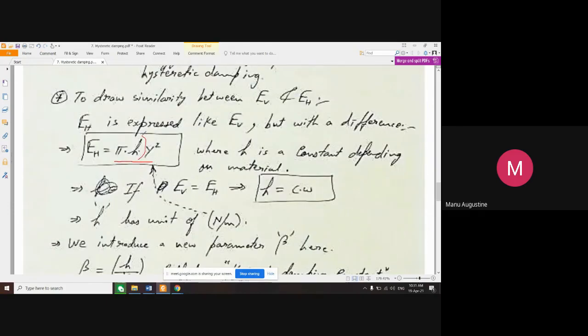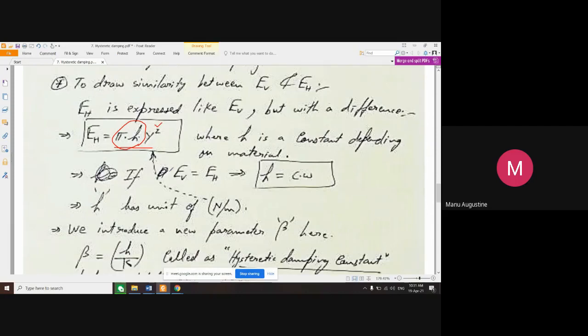So you see this pi into h is the constant. Okay, and energy of hysteresis is proportional to y square. This is all we knew here. And if you compare energy of viscosity and energy of hysteresis, then you can easily say that this small h is representing c omega. Why?